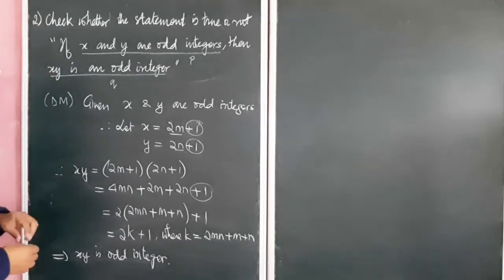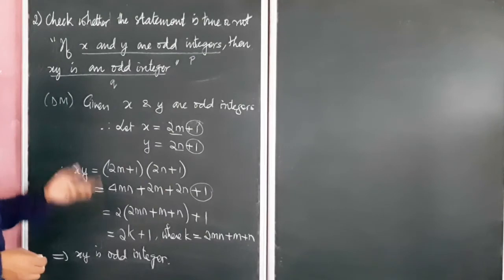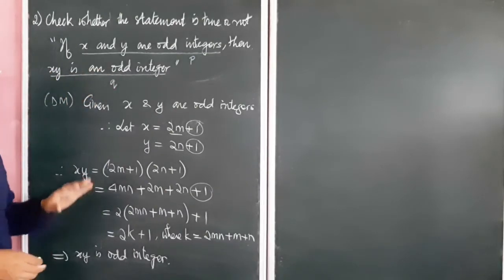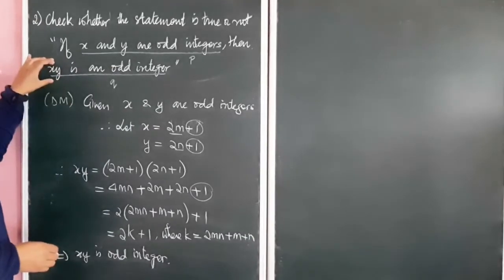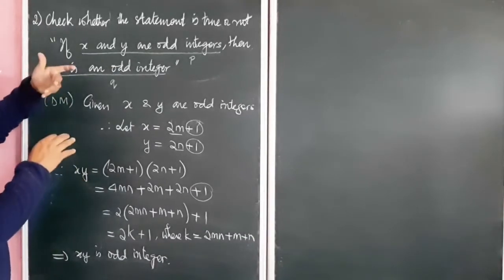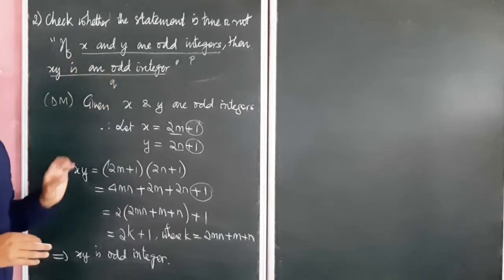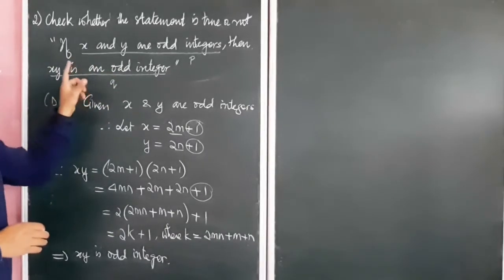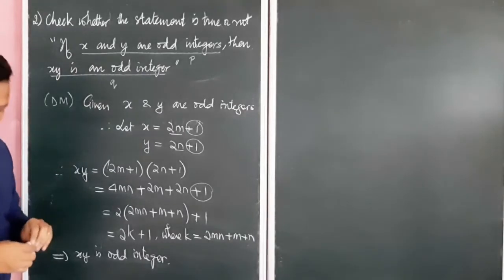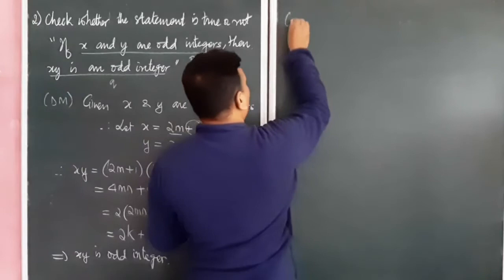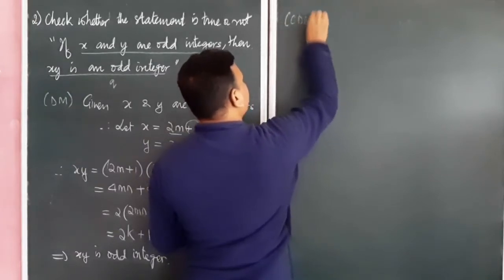Now in the contradiction method, what do we do? We take the false part of this. That means xy is an odd integer, this is given, this is what we need to prove. And what is the false part of it? xy is not odd, that means xy is an even integer. So let me start with the contradiction method.